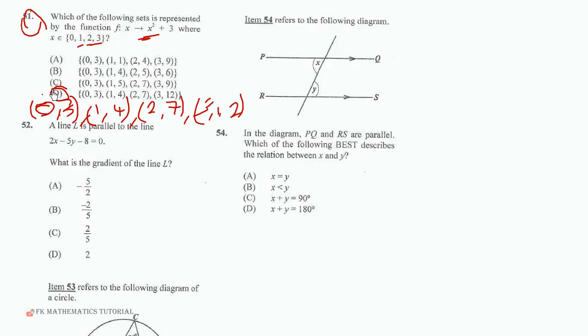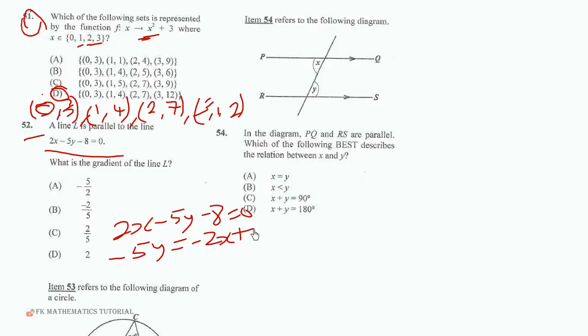Question 52. A line L is parallel to the line 2x minus 5y minus 8 equals 0. What is the gradient of the line? You make y the subject. So you get negative 5y is equal to negative 2x plus 8.